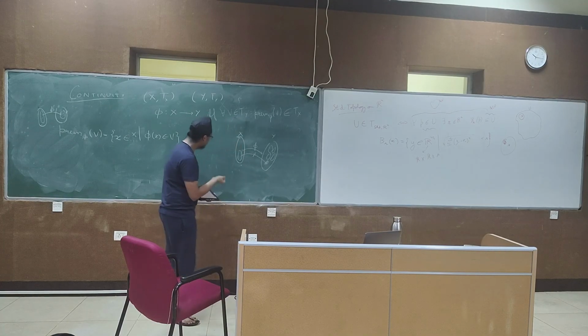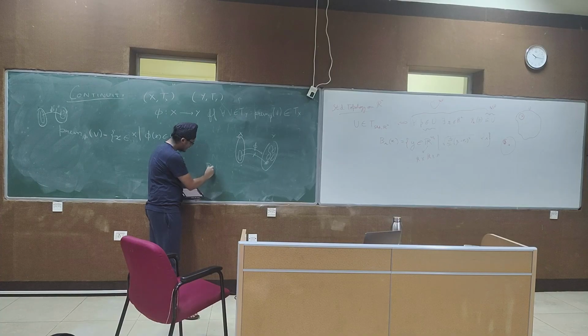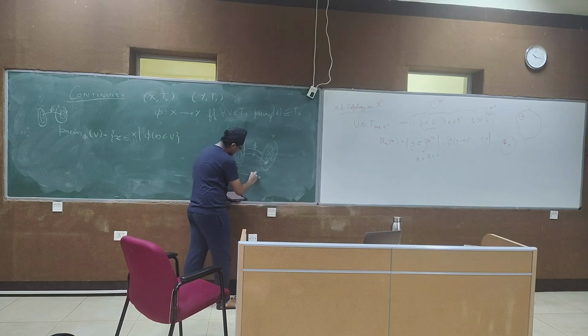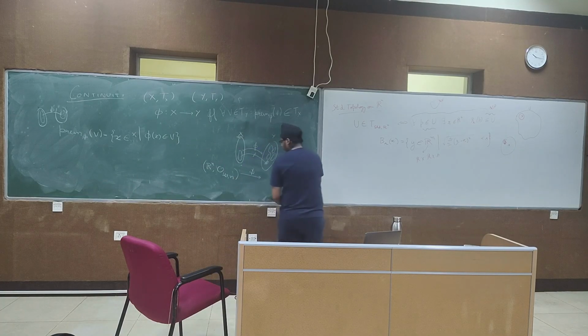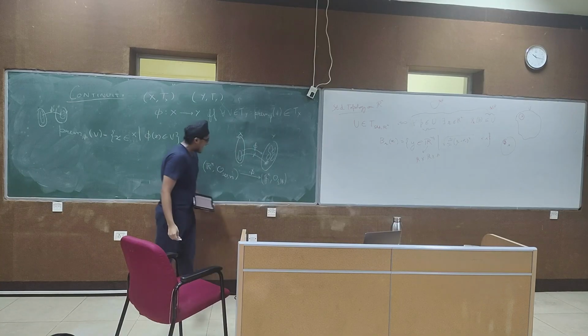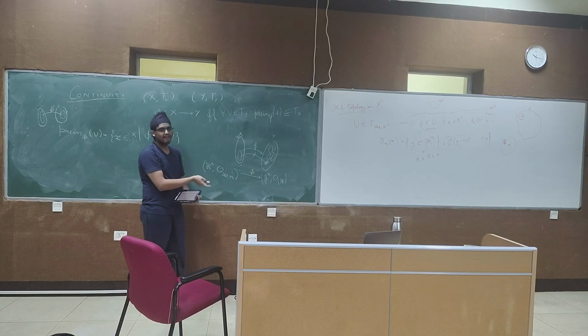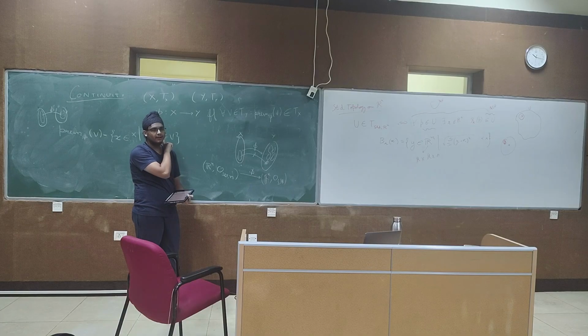So, if you equip the set Rn with the standard topology, and map it to some other Rm also equipped with the standard topology, then this definition of continuity is exactly the same as the definition of continuity you know.